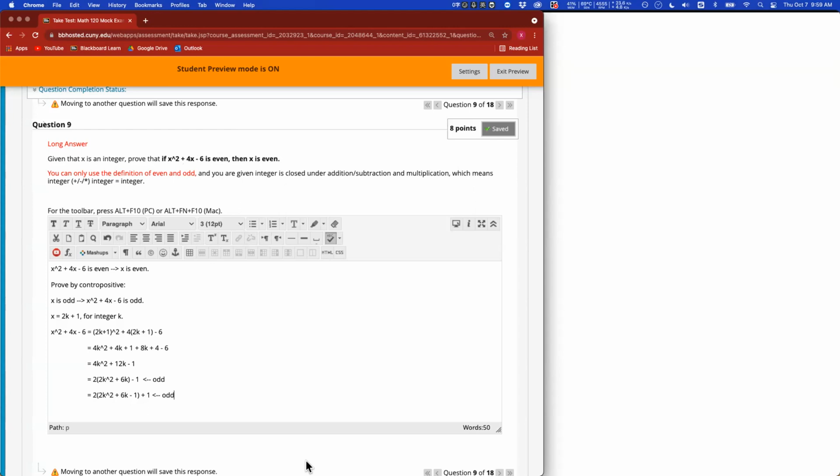It's kind of redundant to show it the other way, because you need to do everything here as well. You need to show when x is even, and you also need to check. So you just do it when x is even, this is also even. But if you just do that, it's not enough to show the statement. So for the converse part, you just need to show one case.